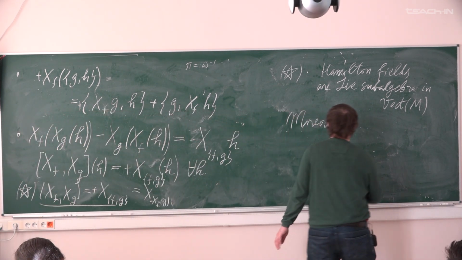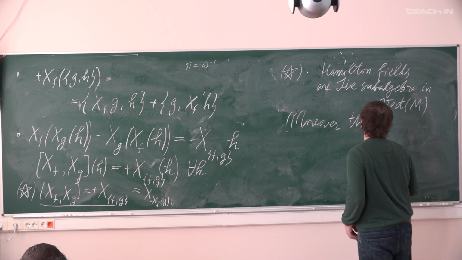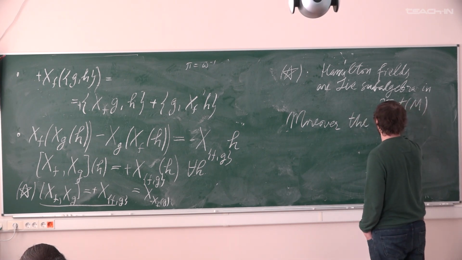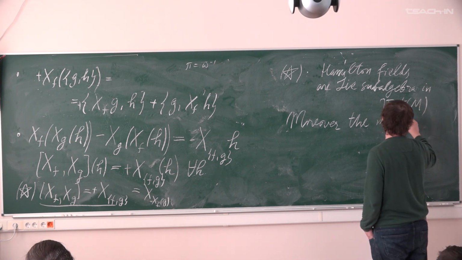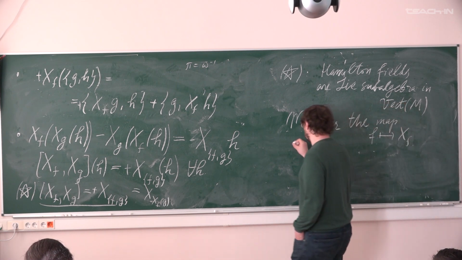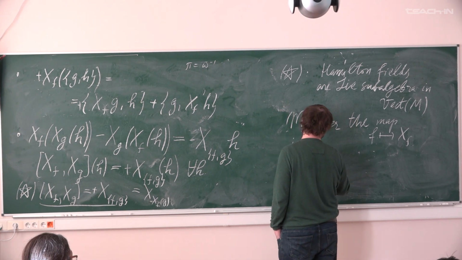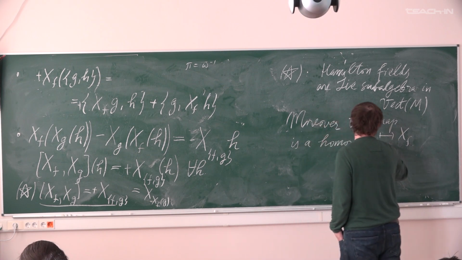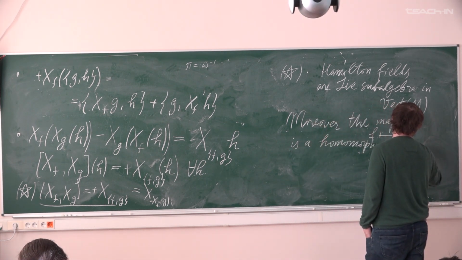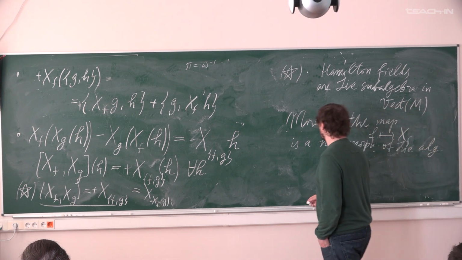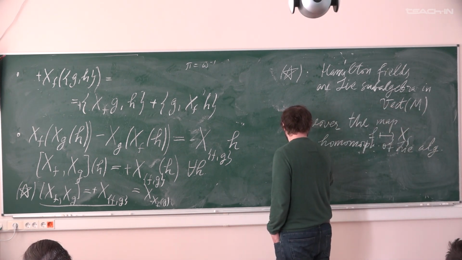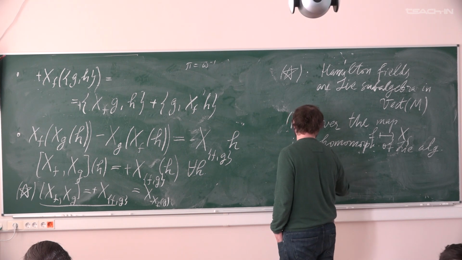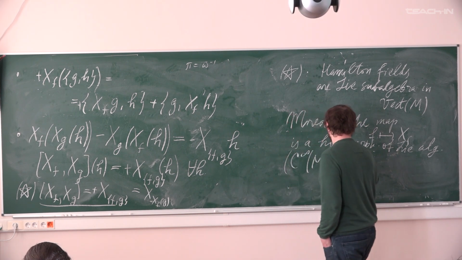Moreover, the map which sends f to its Hamilton vector field is a homomorphism of Lie algebras from the Lie algebra of functions on M, which you equip with the Poisson bracket.